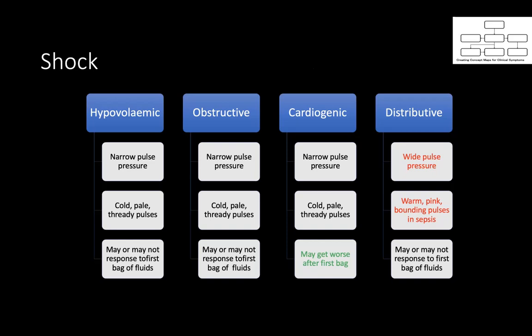It's important to remember as well that shock is a peri-arrest stage, and that early recognition of the shocked patient is very important in order to prevent a cardiac arrest from ensuing. A fall in blood pressure will only take place when no further compensation is possible. So it's our role and our responsibility as expert clinicians to actually identify and treat the shocked patient in a timely manner using an A to E approach.